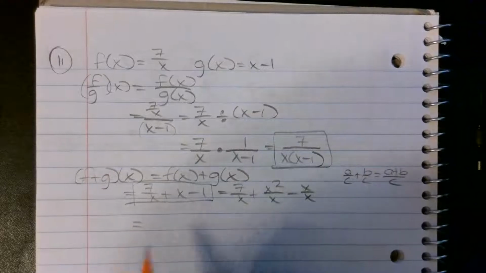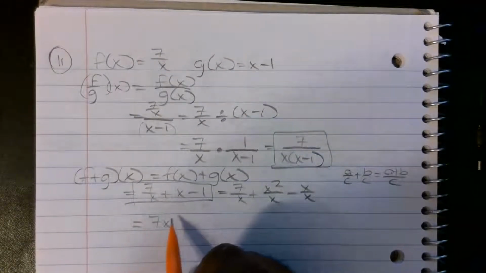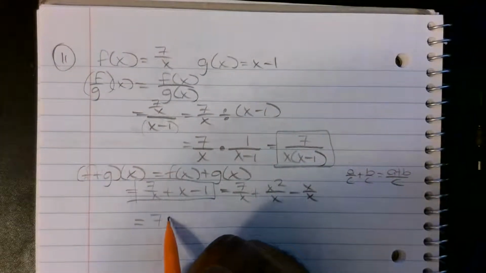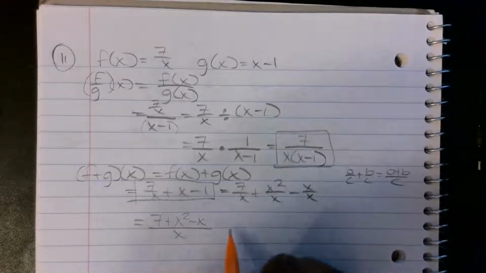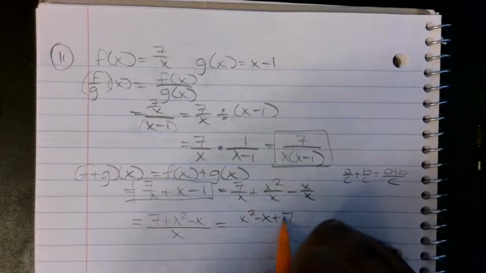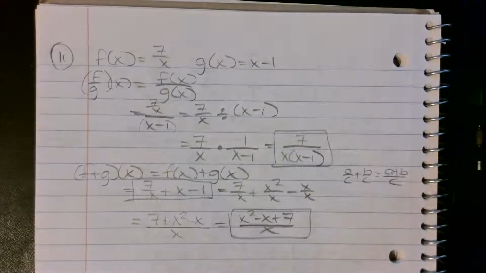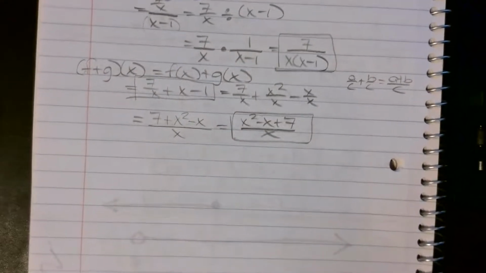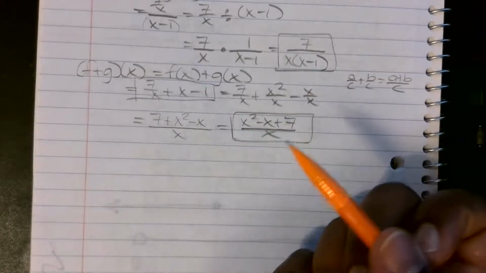So in this case, this would be 7 plus x squared minus x over x, which is x squared minus x plus 7 over x. The first one I like a little bit better, but the second one is manageable too. Plus minus is the same thing.